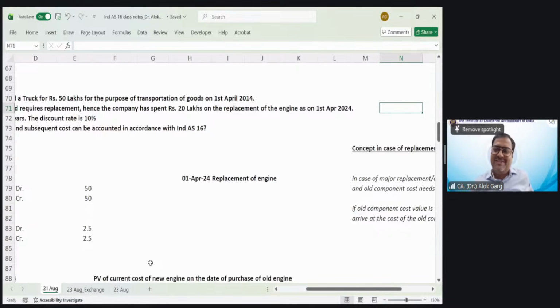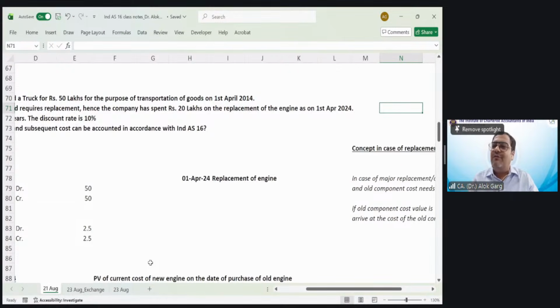Now, another question. Do you know the breakup of the cost of the truck and engine when this truck was purchased? No. You don't know. The company does not give you that. Have you heard about Ashok Leyland?